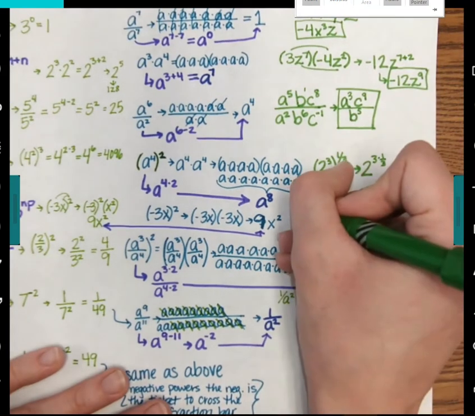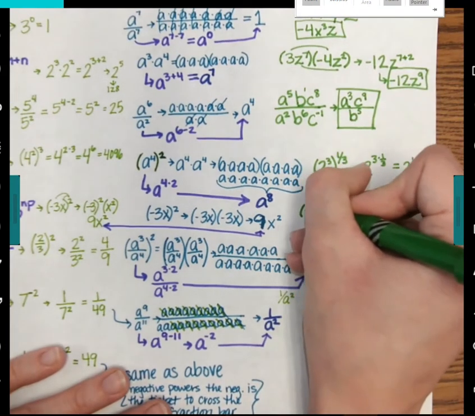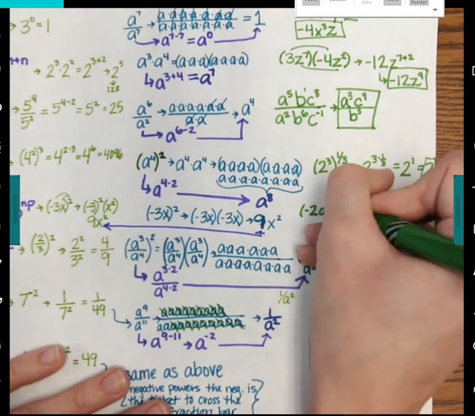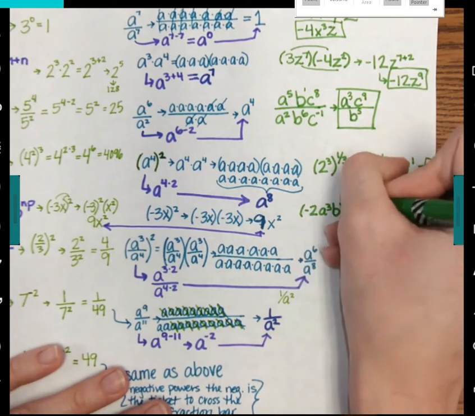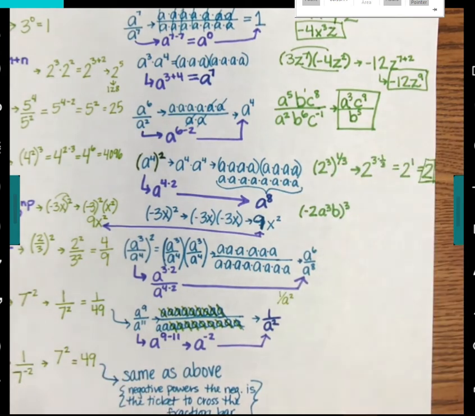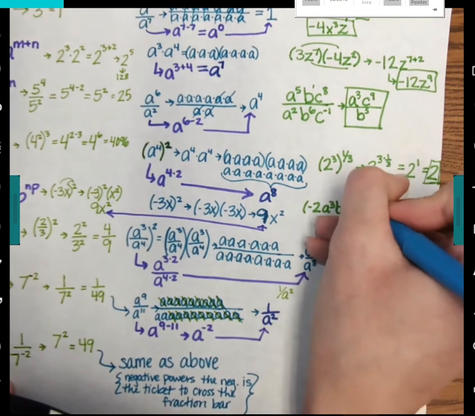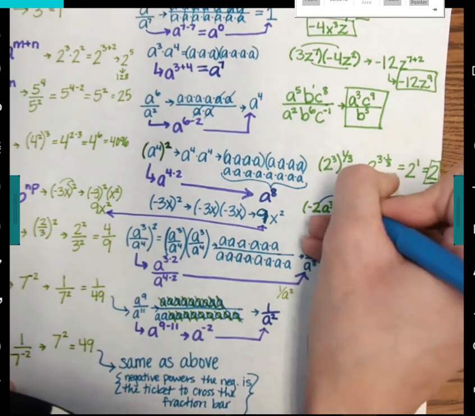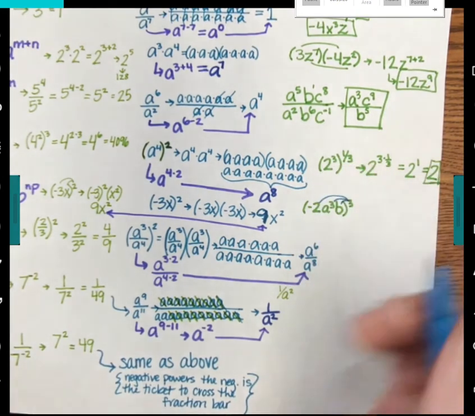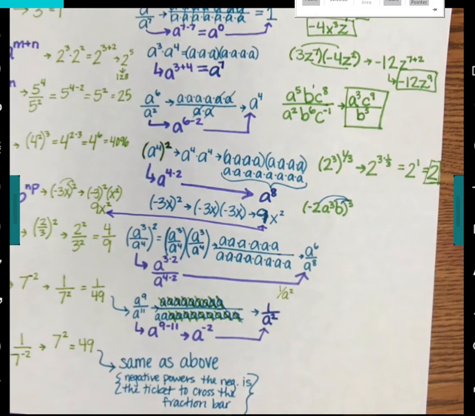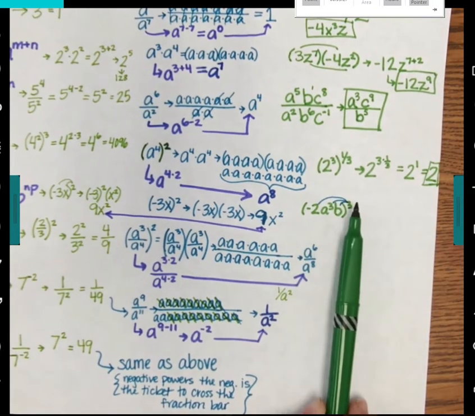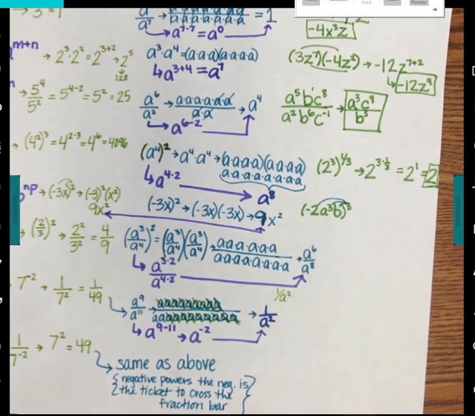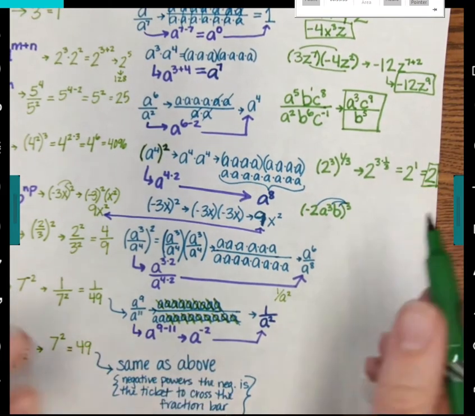Okay, so we have negative 2a cubed b, parentheses, to the 3. Now, don't forget that this 3 distributes. So, when everything is being multiplied, you distribute exponents. Why?